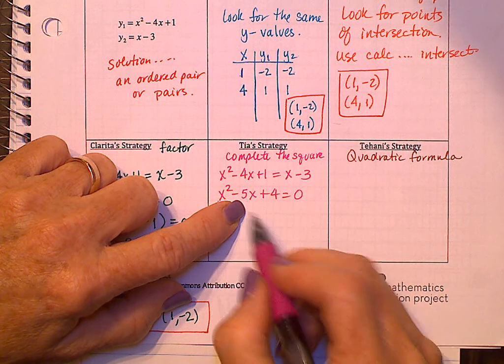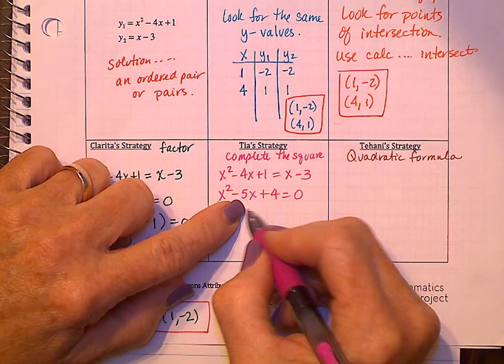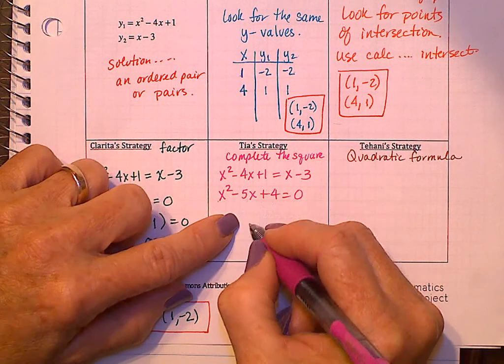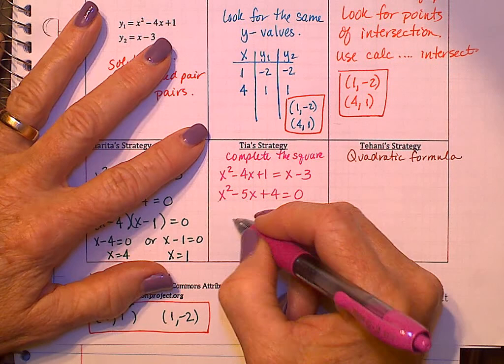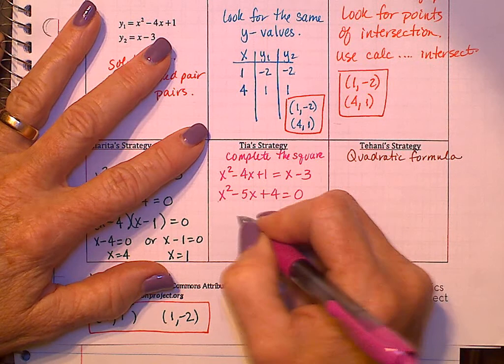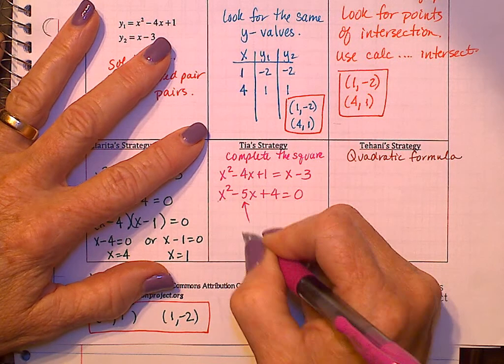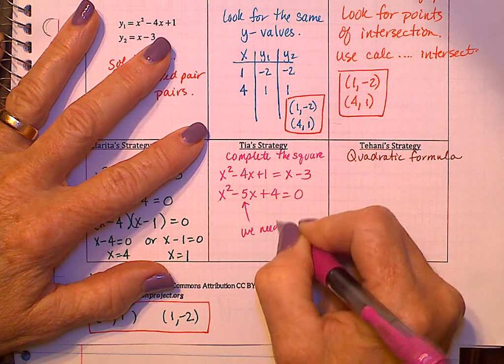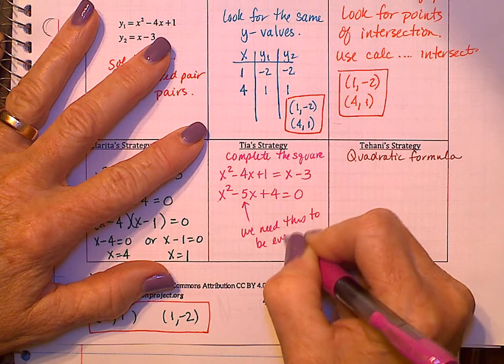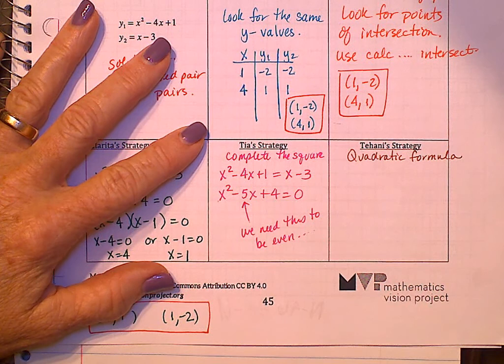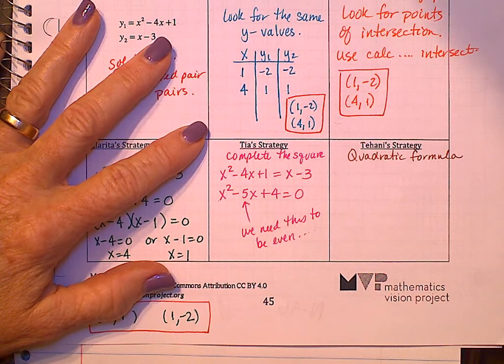We're not going to do completing the square because that's odd, and we want that to be even in order to complete the square. So we're not going to do the completing the square process.